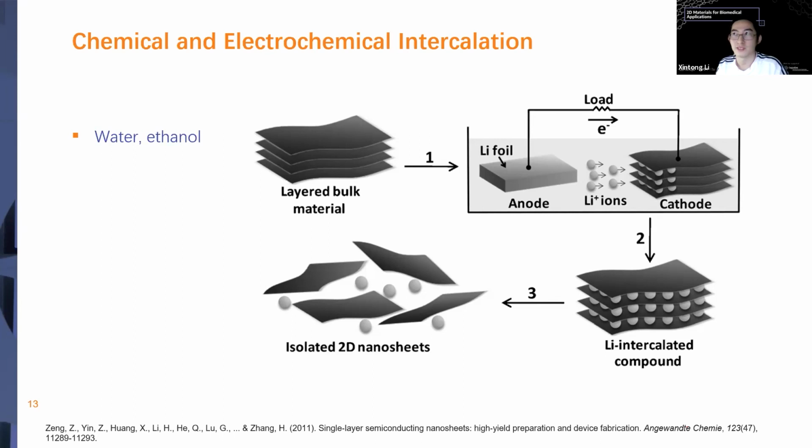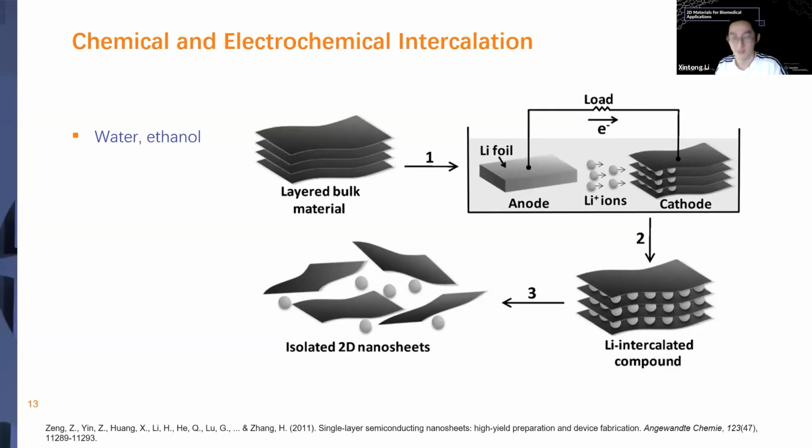For the control of the phase in the chemically exfoliated sample, I'm not really sure how they did it, but I guess that if you're using, for example, electrochemical intercalation, which is another liquid phase exfoliation method, then maybe it will follow the phase of the bulk material. For the synthesis method, I'm not really sure how they control it. Maybe by controlling the temperature and pressure, because those are the key points of the phase transition.